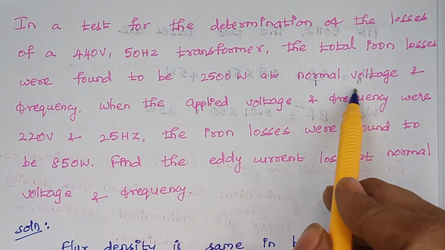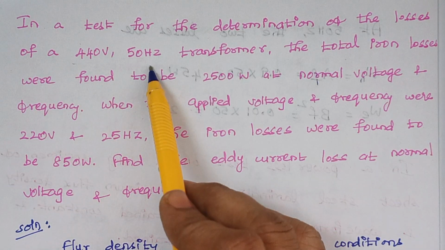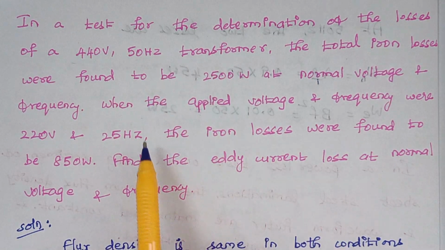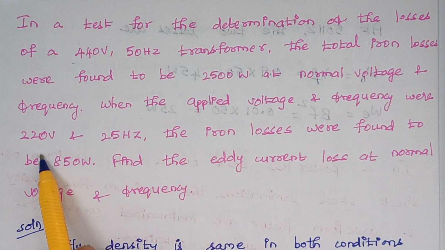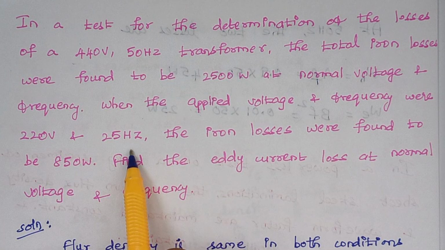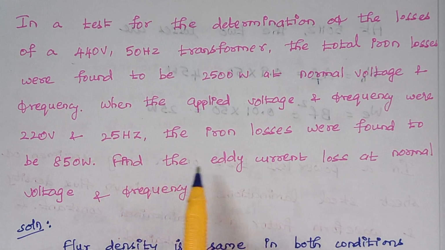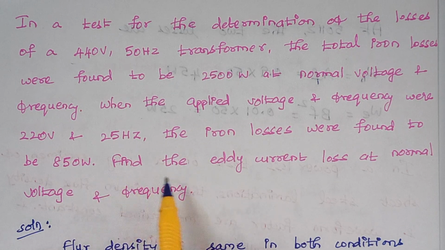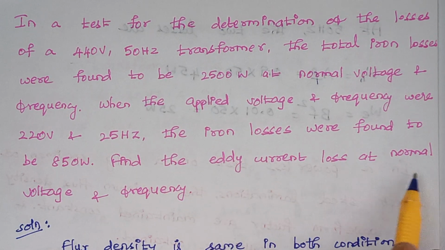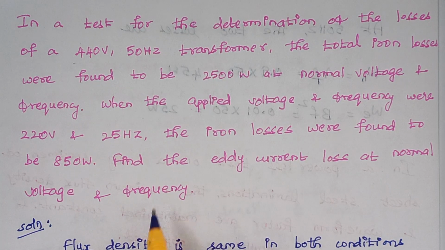So the normal voltage is 440 volt and the frequency is 50 Hertz. Now, when the applied voltage and frequency were 220 volt and 25 Hertz, we are changing the voltage as well as frequency. Now, the iron loss is calculated to be 850 watts. Find the eddy current loss at normal voltage and frequency.